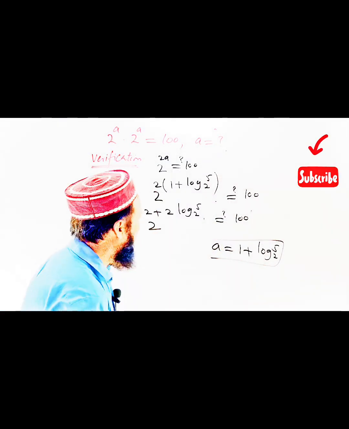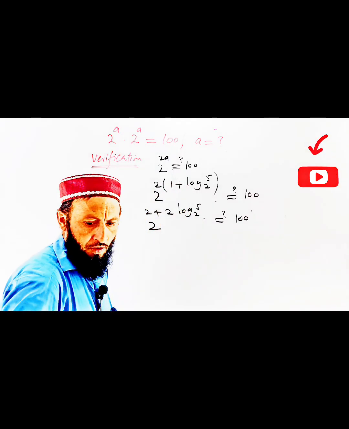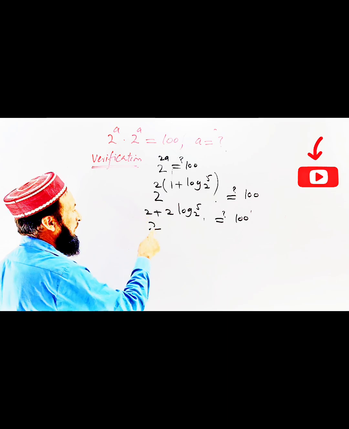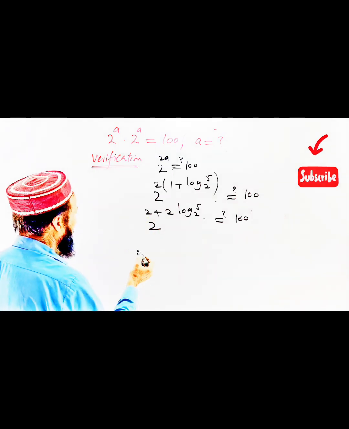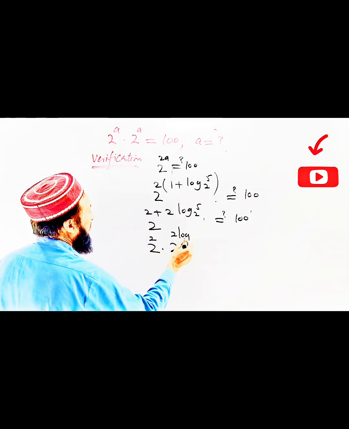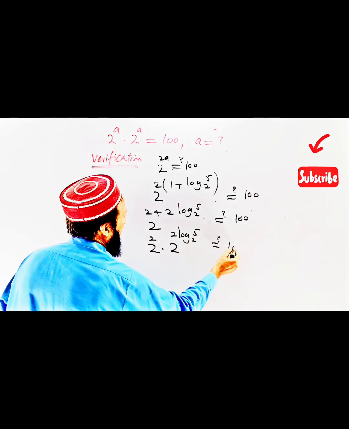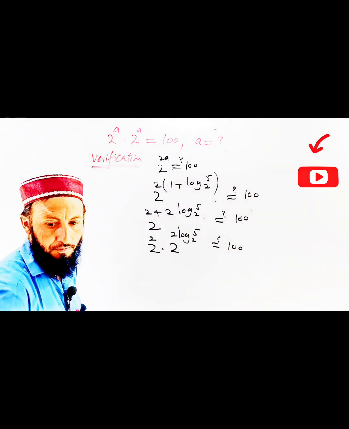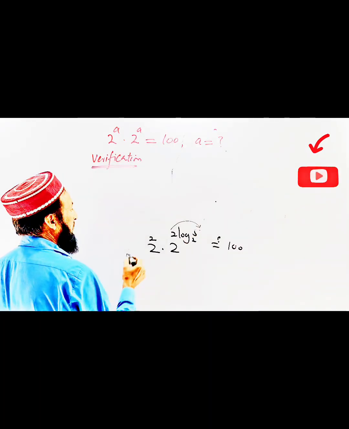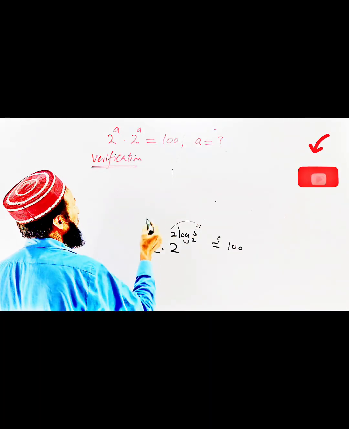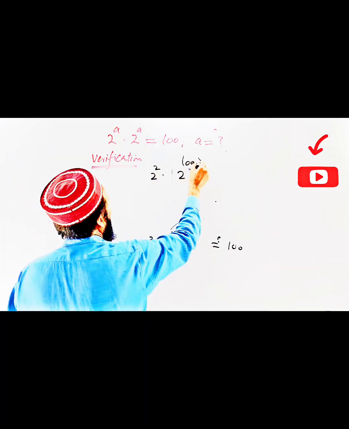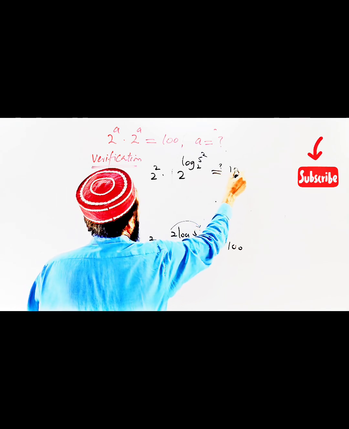Now we eliminate by the exponent rule. It means that 2 is the base and the power is this one. 2 exponent 2 times 2 exponent 2 log of 5 base 2 is question mark 100. We change this 2 into the form of power: 2 exponent 2 times 2 exponent log of 5 base 2 square.